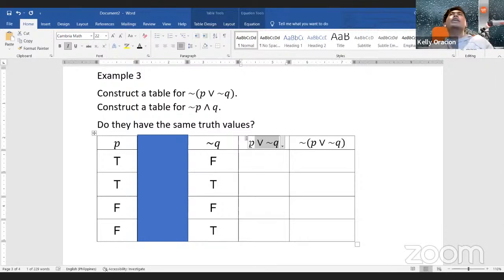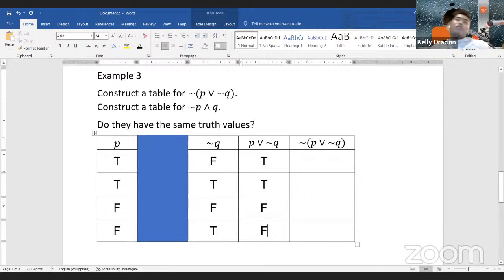The connective used is or, the symbol is V. I do hope you can recall the truth value of the disjunction. True, false, this is true. True, true, this is true. False, true is true. False, false is false.